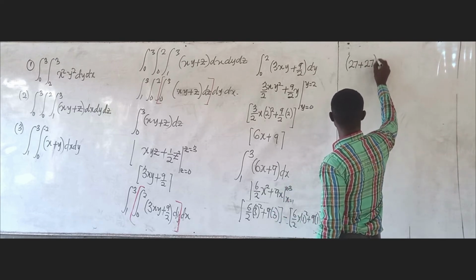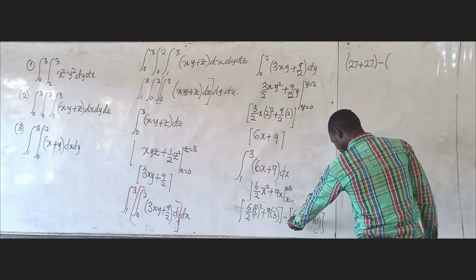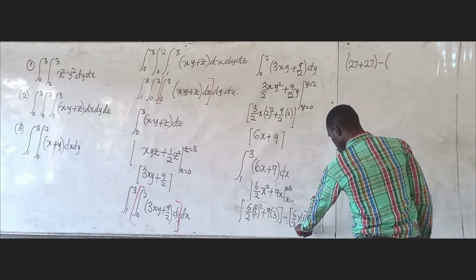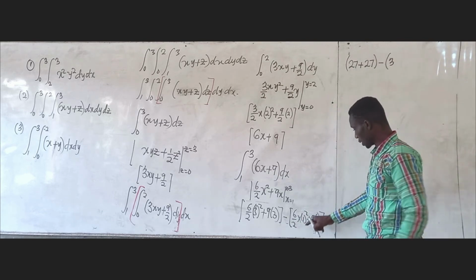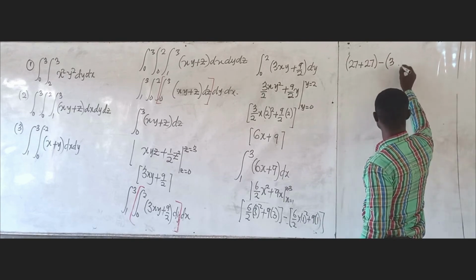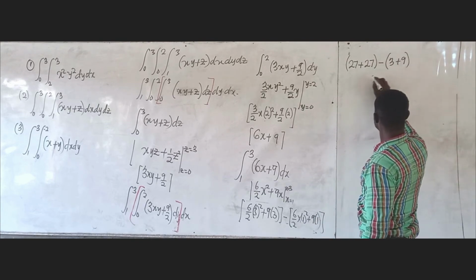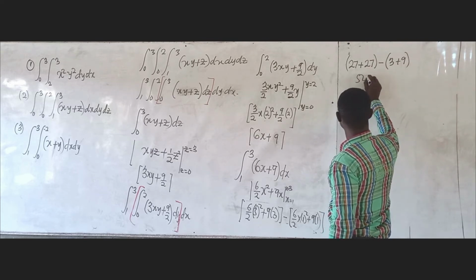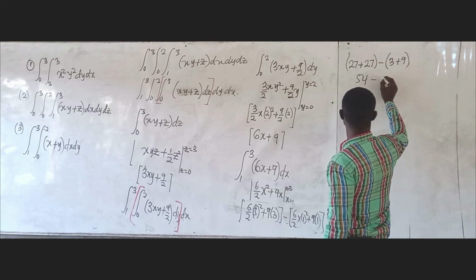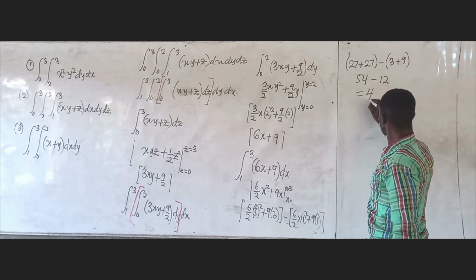So 27 plus 27, also minus. Here 2, here will give me 3, because 1 squared is the same. 3 plus 9. So 27 plus 27 gives me 54, minus this one gives me 12. And that finally gives you 42.